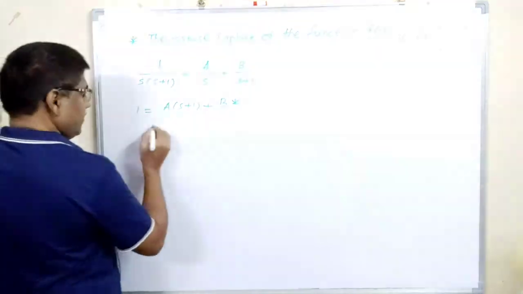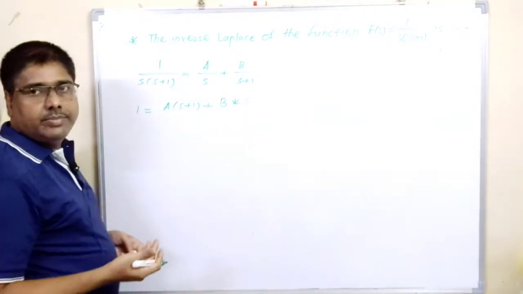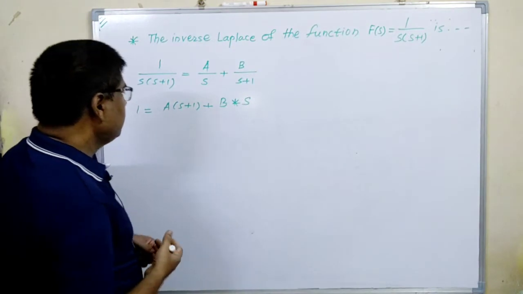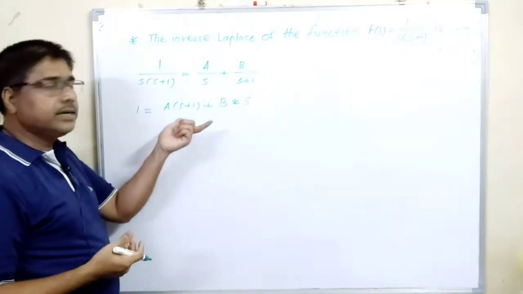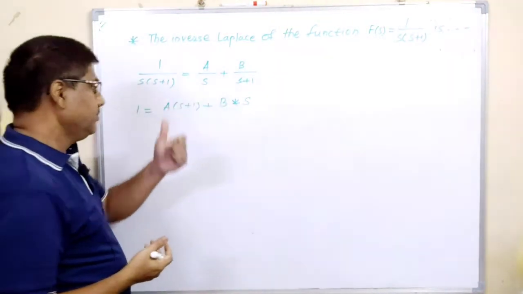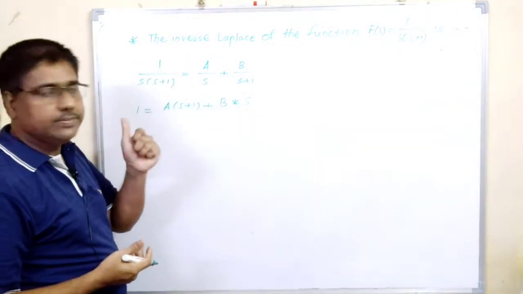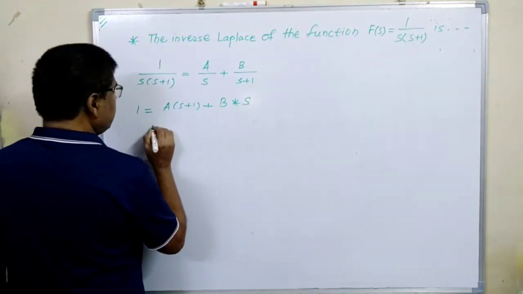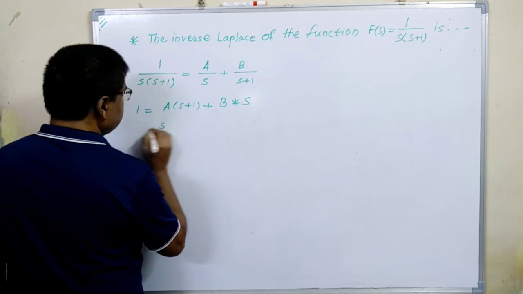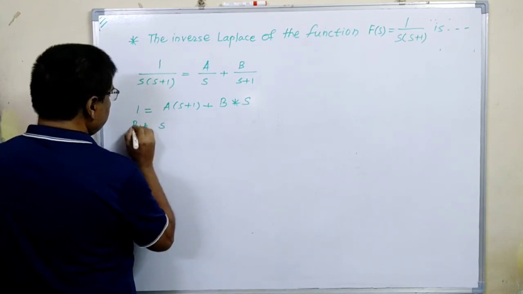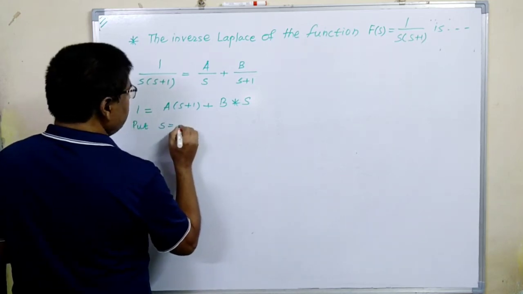Now to get a and b, either we have to vanish a or b by putting suitable values of s. Now let us put value of s here. Put s is equal to minus 1.